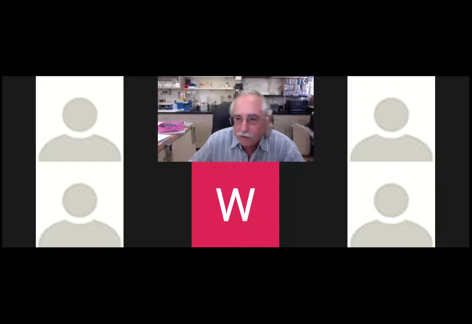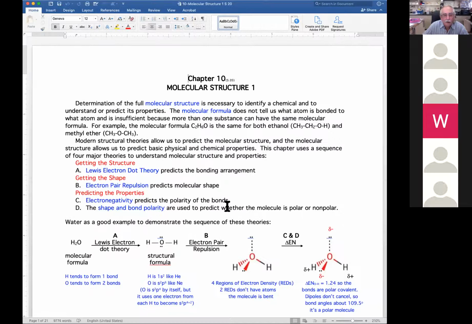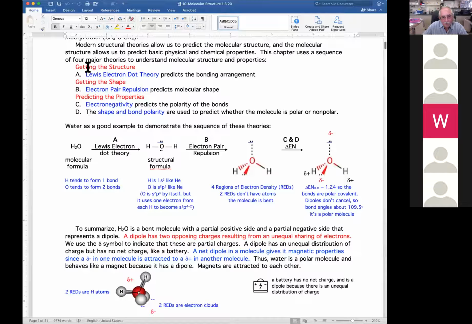So I'll start with chapter 10. I broke it up into different parts, and at the end, we're doing all the parts all together. I use water as an example to show all the different parts.